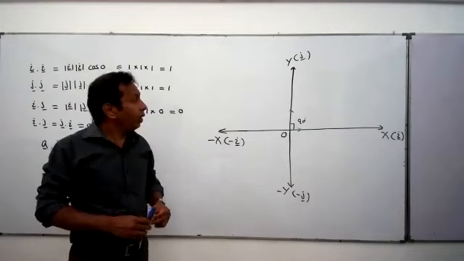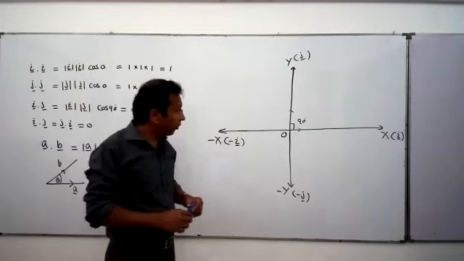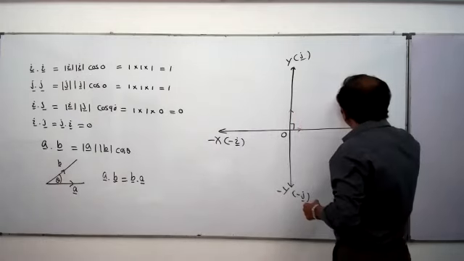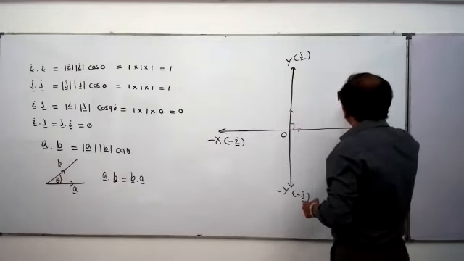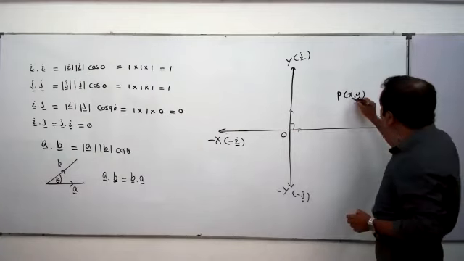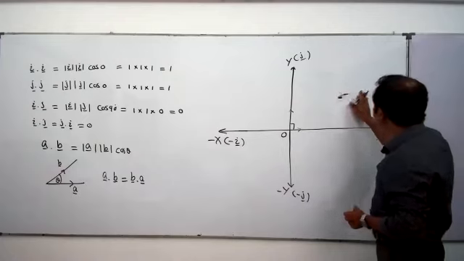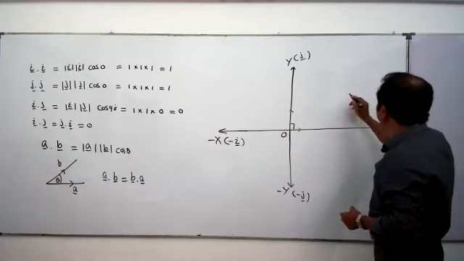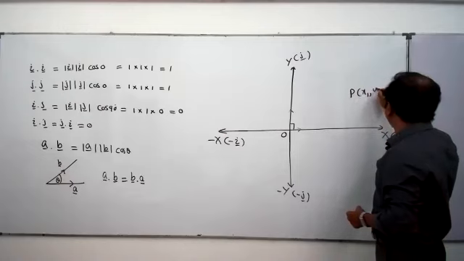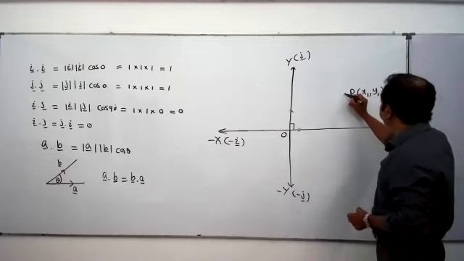Right? Now, suppose, people, here I consider this way a point P on the Cartesian coordinate plane with coordinates x, y, suppose. Right, I'll take x1 and y1 as the coordinates of point P. Point P having the coordinates x1, y1. Suppose this is that point.